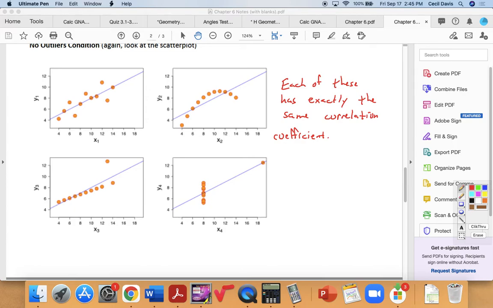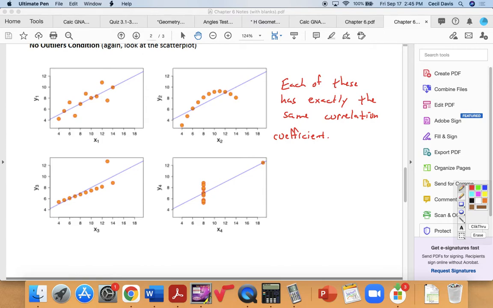And you may go, well, how is that possible? Some of those are pretty clearly not linear. Well, the reason why is that the correlation coefficient only tells you the strength if the association is linear. If the association is not anywhere near linear, then it doesn't tell you anything useful.